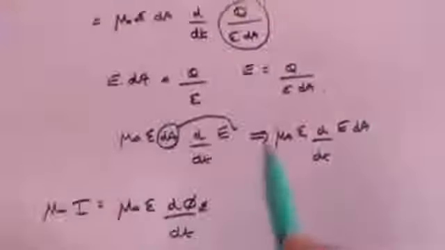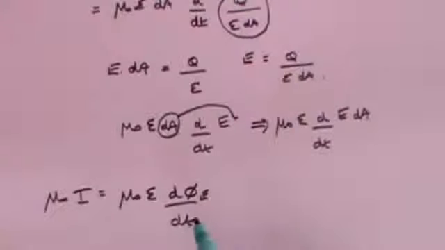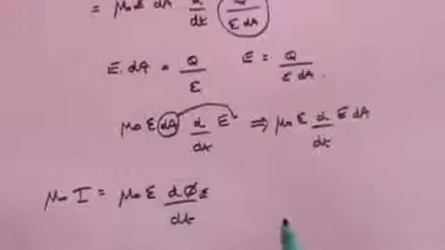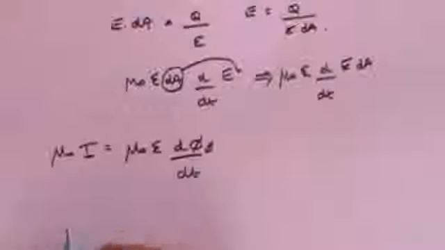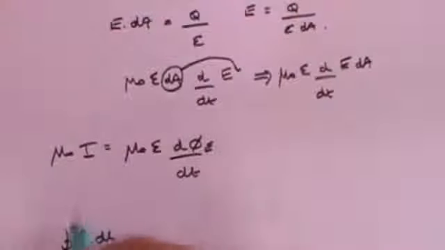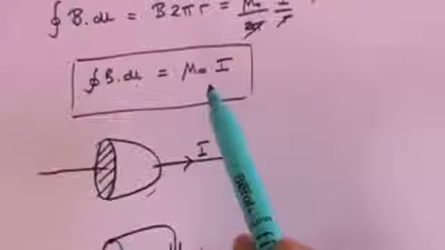It's when you've got this situation where you've got a capacitor, no current is flowing, there is a kind of implied or displacement current, and that term has to be added to this term, and that gives you the grand final term: the integral of B dot dl around the closed loop of wire is equal to mu0 I, which is the formula we had up here, and applies if you haven't got this capacitor in the way.